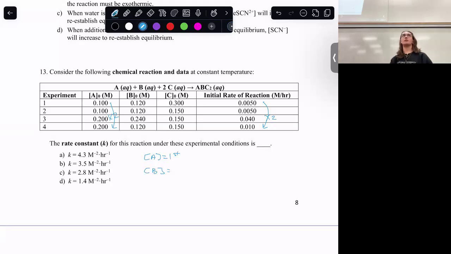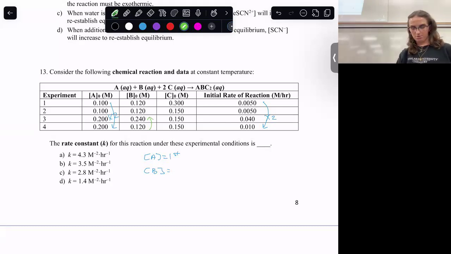Okay, what about for B? Yep, 3 and 4. So as we go from 0.12 to 0.24, how do we get from 0.12 to 0.24?